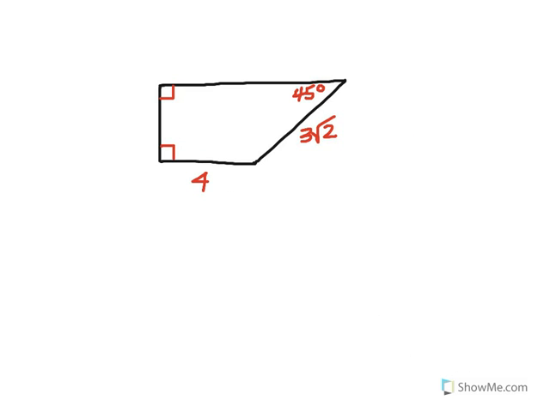Okay, on this one I have a trapezoid, and the two bases are here and here. And I take the opportunity to carve these things up to find, I need to find this base length here, and I need to find the height here. So I notice I have a 45-degree angle in the top right corner. So I'm going to subdivide this into some kind of a rectangle and a 45, 45, 90.